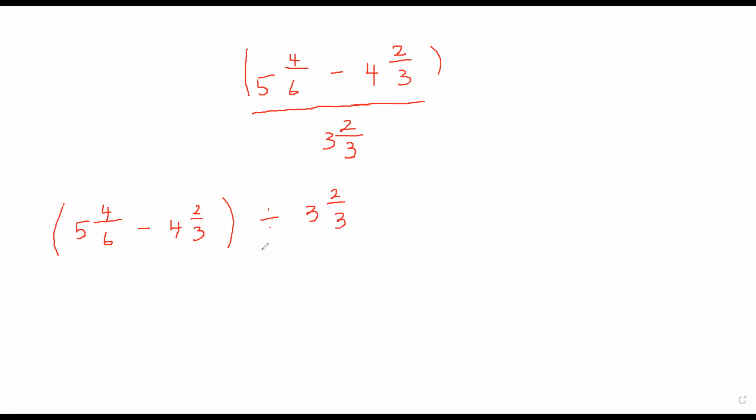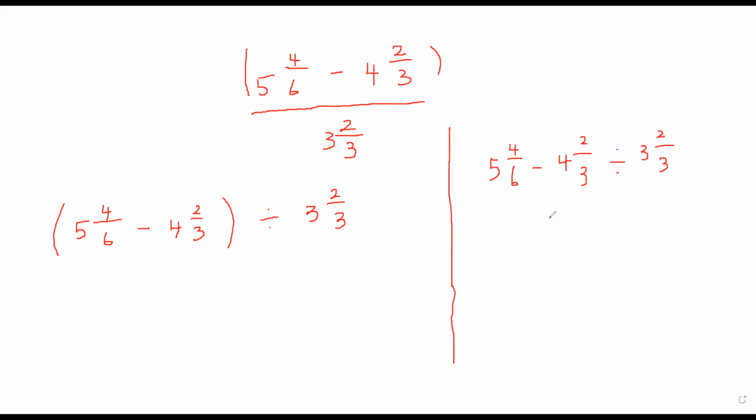Some persons do it like this. Let me show you: 5 and 4 over 6, subtract 4, and then they divide it by 3 and 2 over 3.